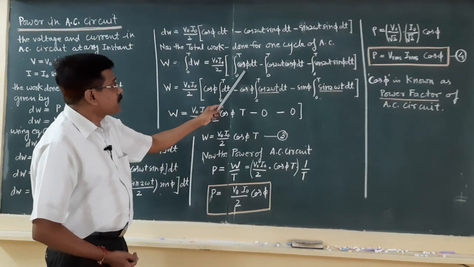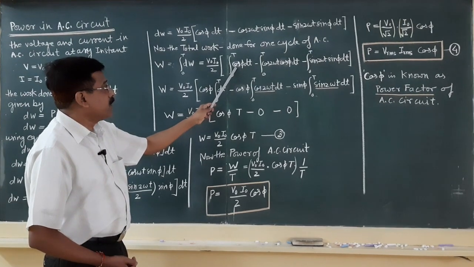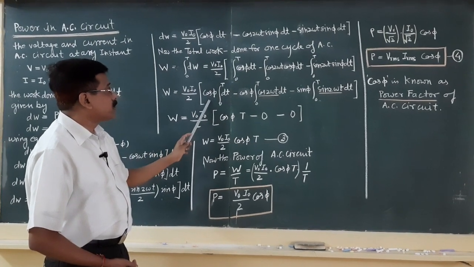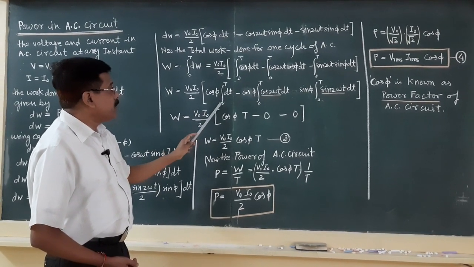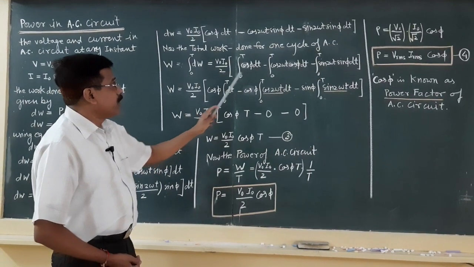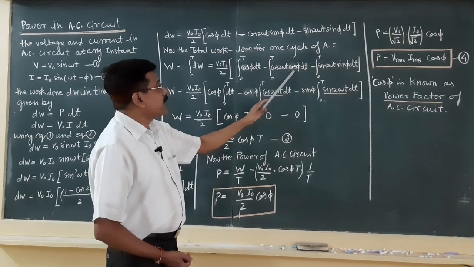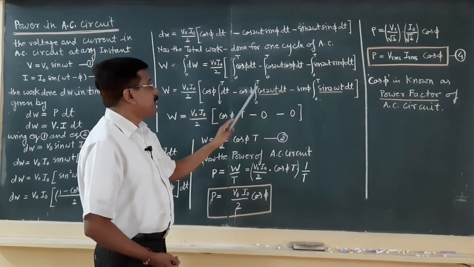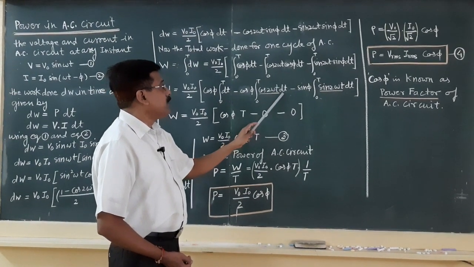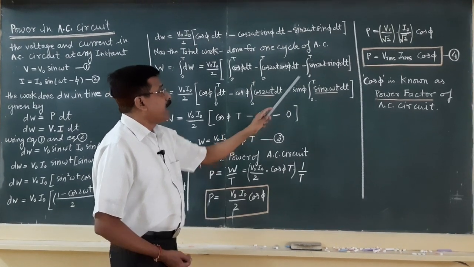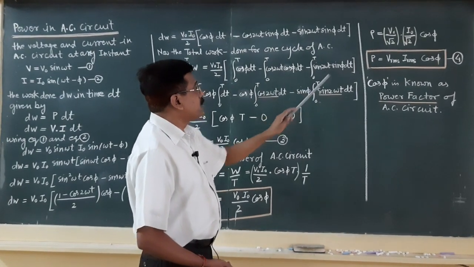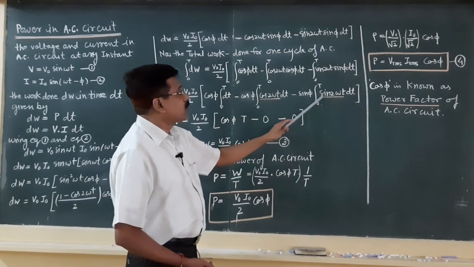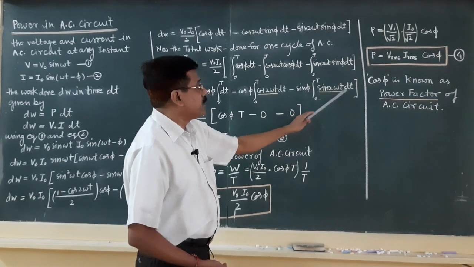So, for the first term cos φ is constant, and we have simply dt within the limit 0 to T. In the second term cos φ is again constant and outside, with the integral of cos 2ωt dt from 0 to T, and similarly in the third term sin φ is constant, with the integral of sin 2ωt dt from 0 to T.